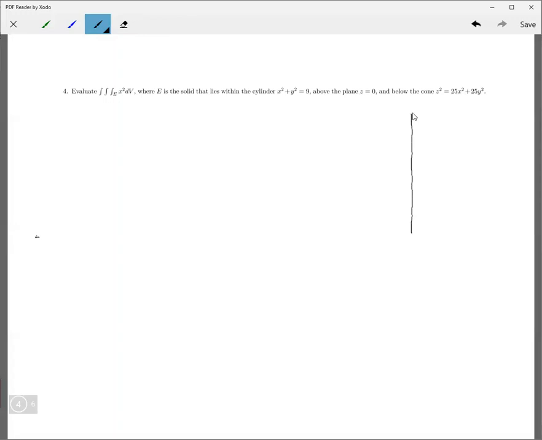Okay, let's try to get a little picture of what's going on. Within the cylinder x squared plus y squared equals 9. If you change that to polar coordinates, you get r squared equals 9, or r equals 3.